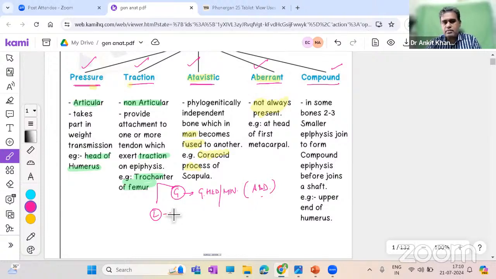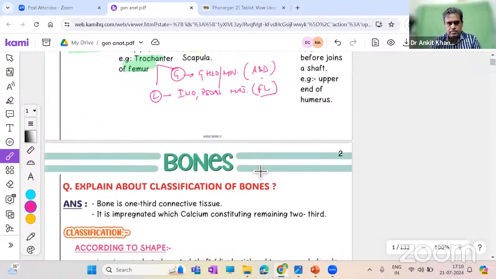At the lesser trochanter, the main muscle that is attached is your iliopsoas, iliacus and psoas major. That is mainly attached into the lesser trochanter. And they are mainly flexors of the hip joint. Just remember this, right? So mainly four types of epiphyses, function-wise: pressure, traction, atavistic, and aberrant. Simple and compound was a different classification. If this point is clear, let us move to the next part over here.